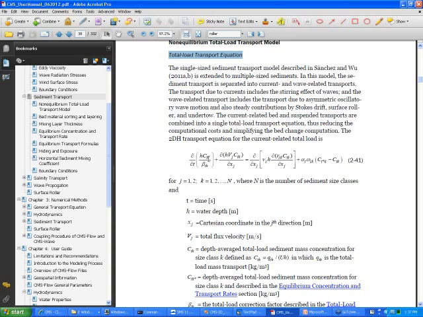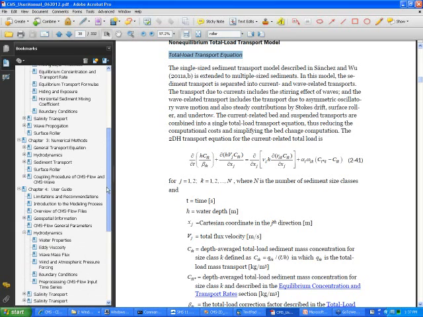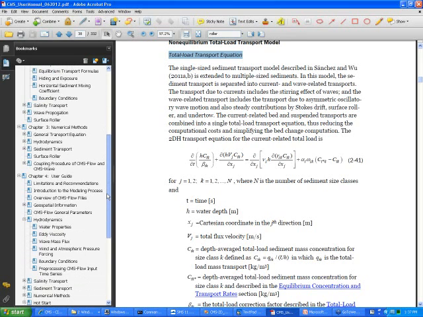And size class, what we define as size class is that when you have a range of sediments, you need to discretize that range into individual size classes with a characteristic diameter and also limits. Okay, but let me show you a grain size distribution to make that more clear.